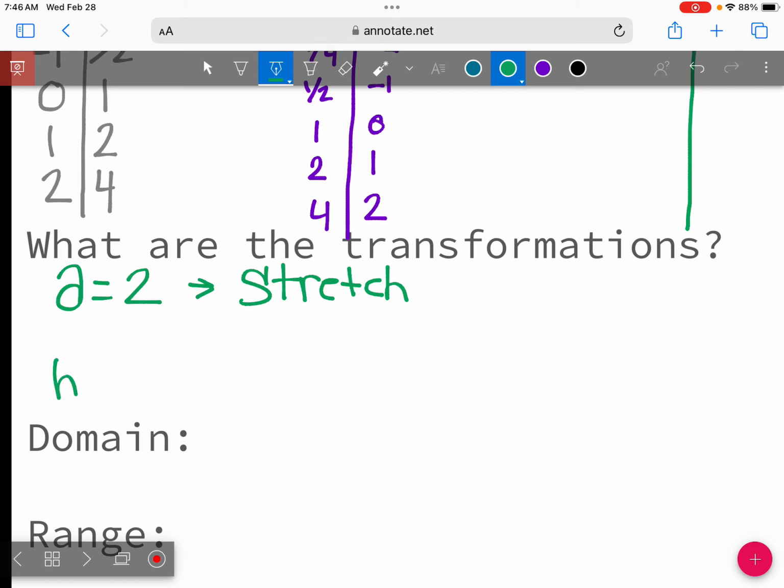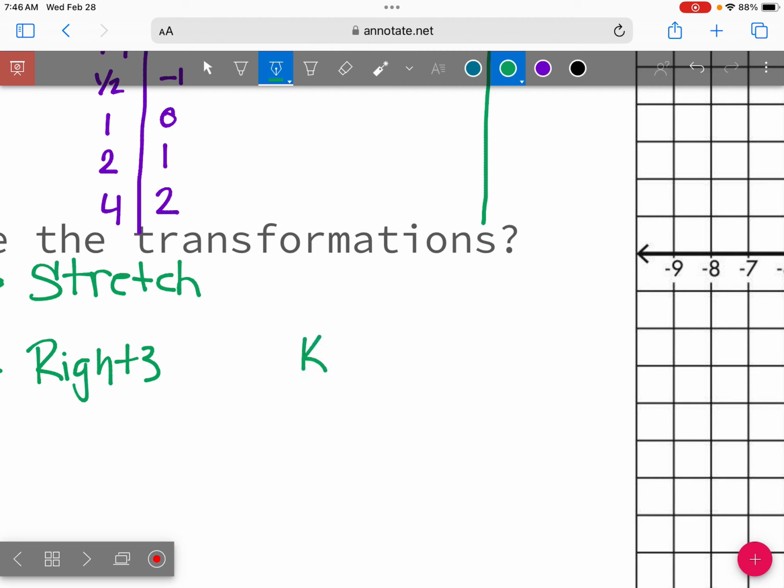What is our h? +3. So this is going to move which direction? Right. How about our k? 4. So it's going to move which way? Up.